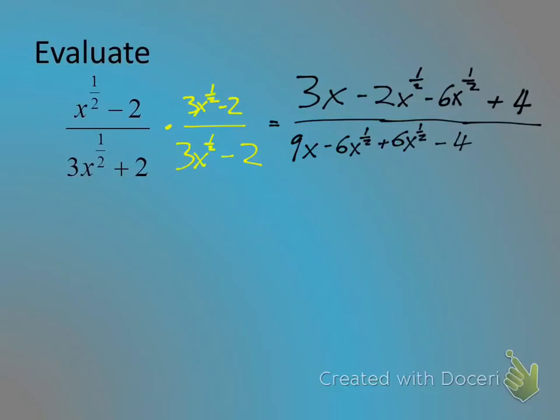So the numerator, you have 3x with no like terms. -2x to the 1/2 minus 6x to the 1/2 gives you -8x to the 1/2, plus the 4, all over 9x. The 6x to the 1/2 terms cancel each other out. See that? 9x minus 4.